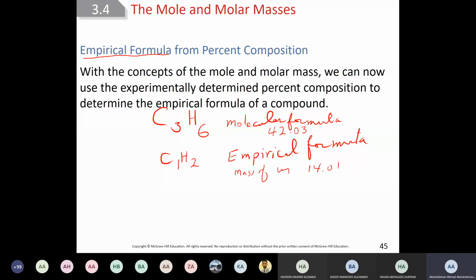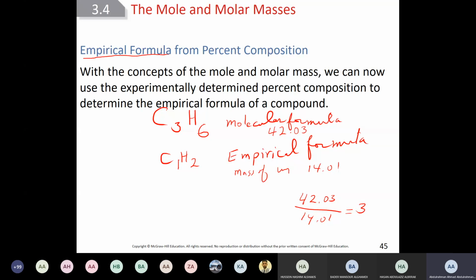If you divide 42.03 by 14.01, this is equal to 3.